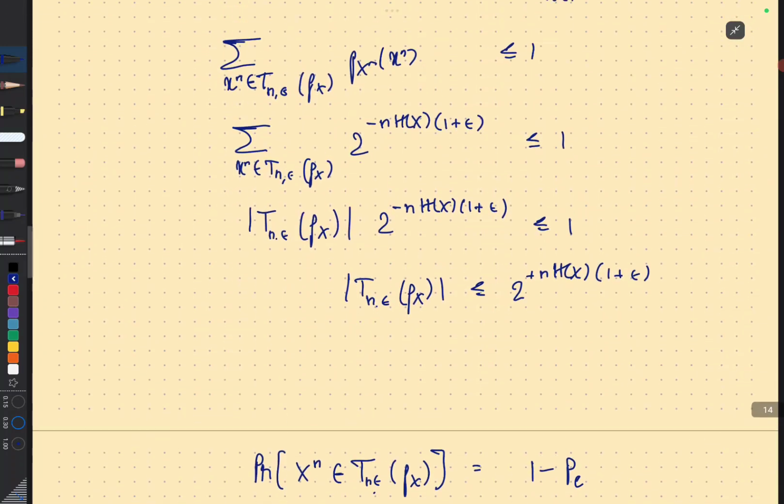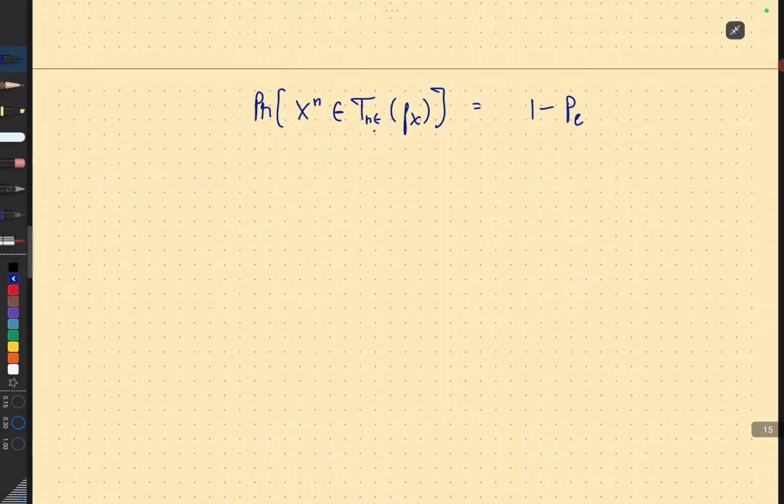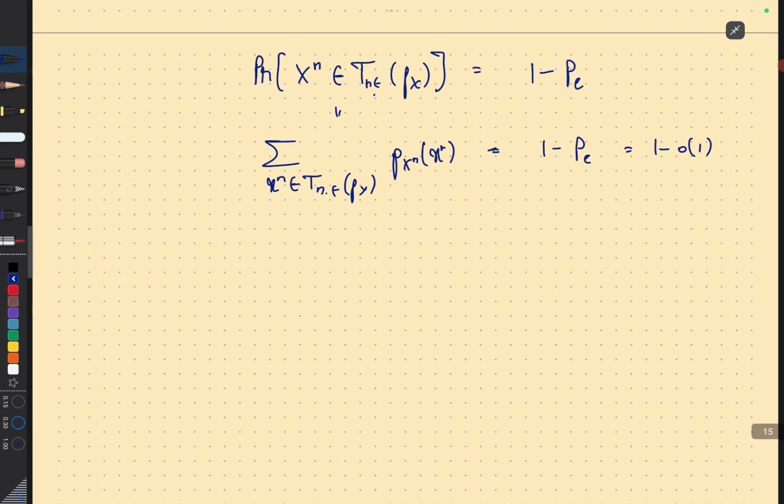More precisely, if we use the same approach, this is equal to 1 minus the probability of error, which is 1 minus little o of 1.